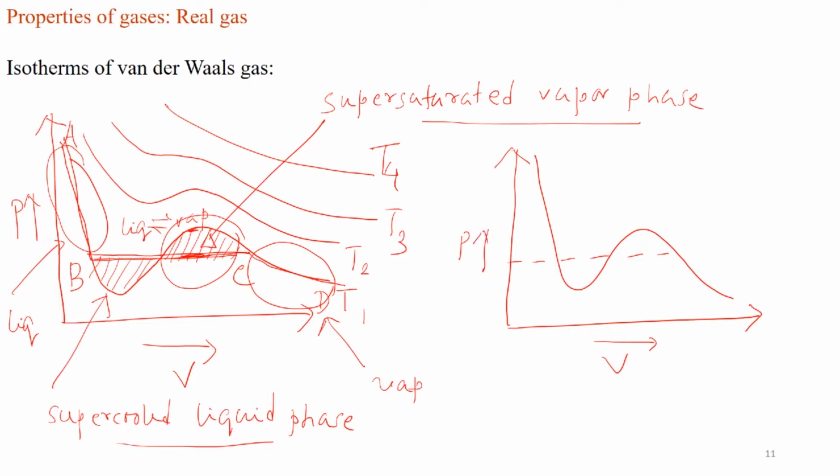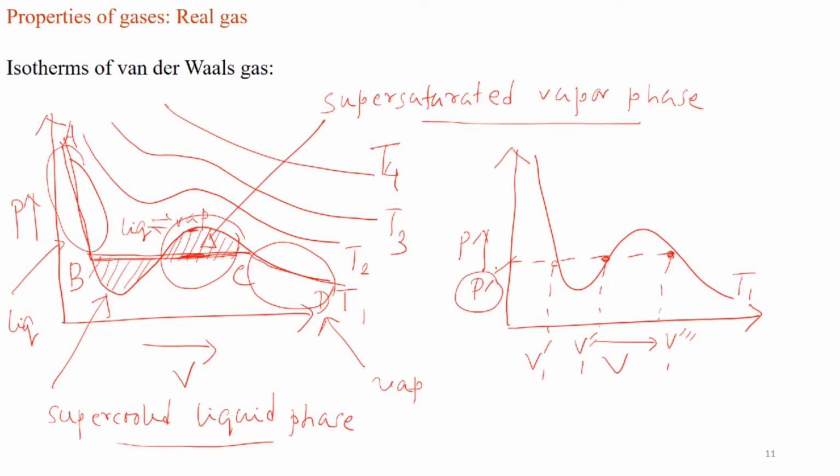As you can see, at this pressure, which we can term as P prime, there exist three different volumes which we can denote as V prime 1, V double prime 1, V triple prime 1, which all correspond to the temperature T1. Now what does that mean? The substance can have three different volumes for this particular pressure.